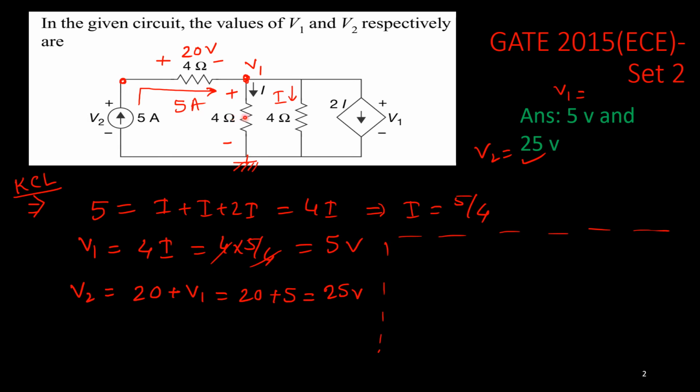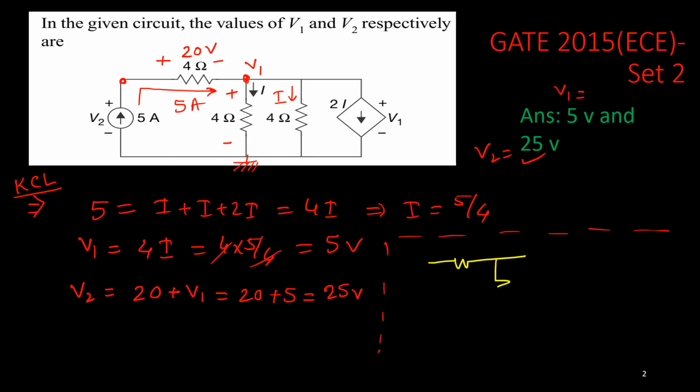Have you got this concept? This current is capital I, this current is 2I, so that element is drawing double the current, and only if the resistance is half will it draw double the current. As the 4 ohm carries I current, we get 2I current if the resistance value is 2 ohm, half of that. The idea is very simple.